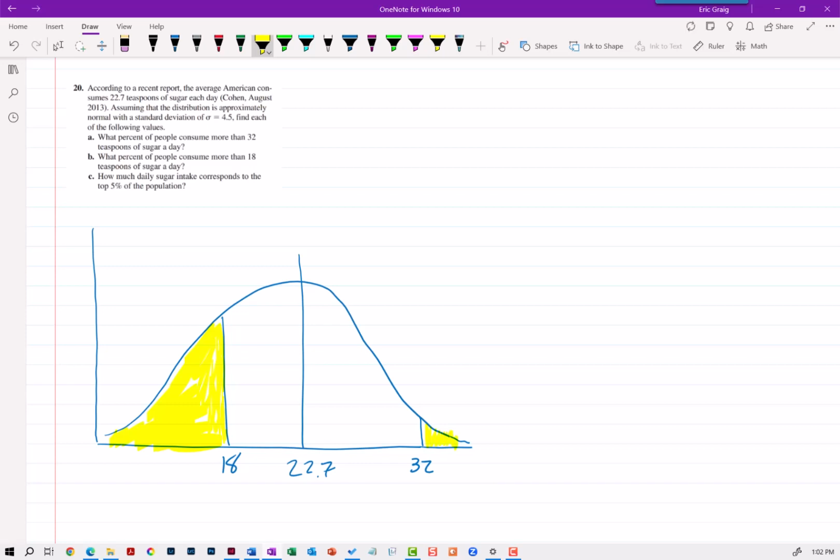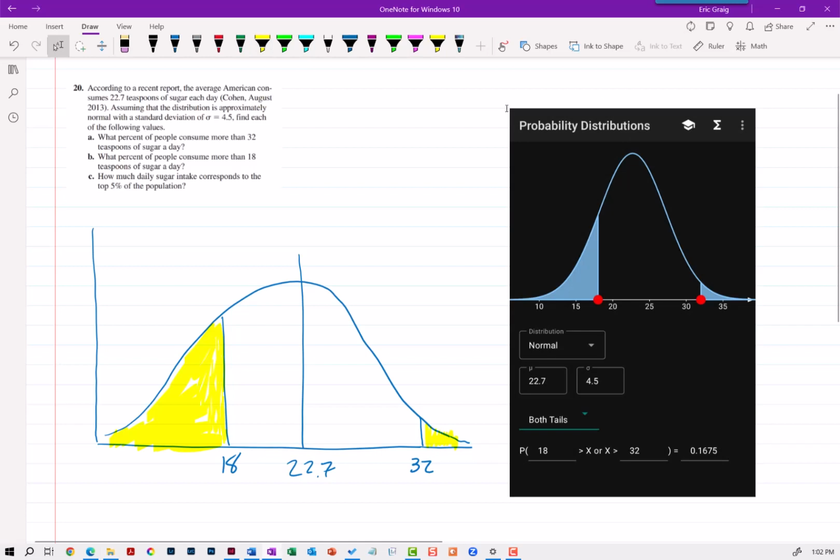And as you can imagine, we're just going to change a setting in the calculator. I'll paste it in there for you. There it is. And again, set it the same way, but this time we've indicated both tails.